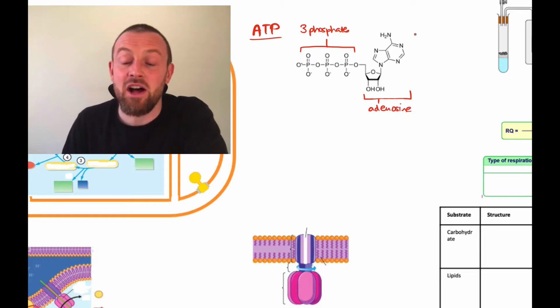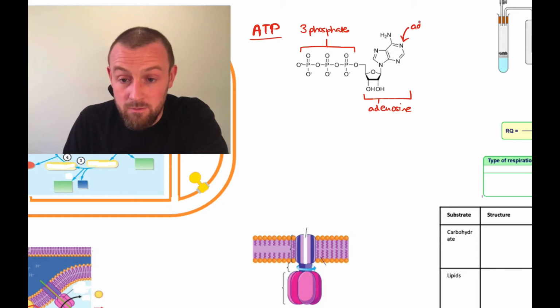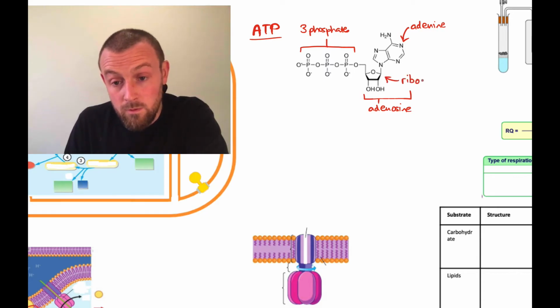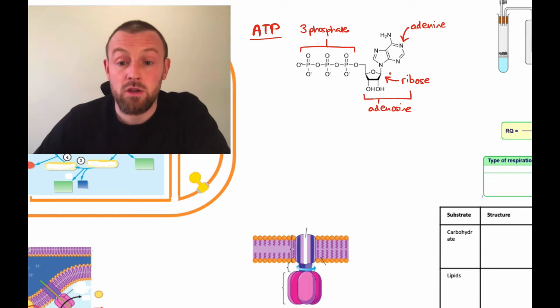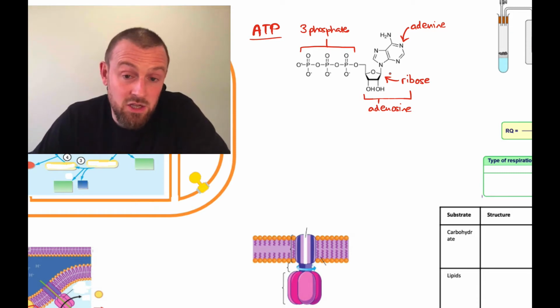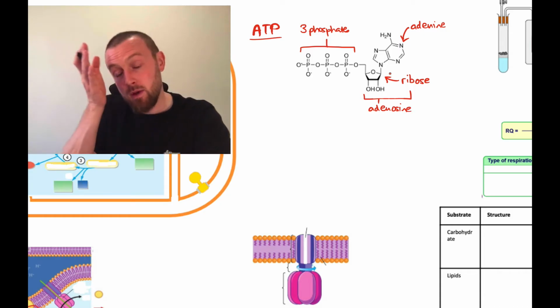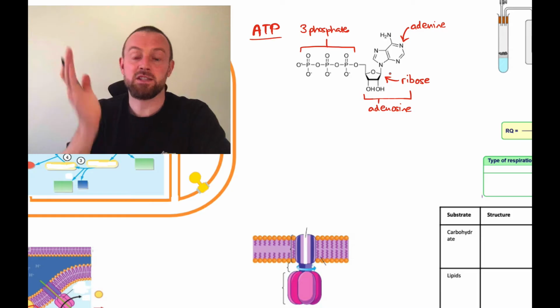Adenosine itself is comprised of an adenine base, and a ribose sugar, which is a pentose sugar. So it's a modified DNA base, basically. It's a nucleotide triphosphate.